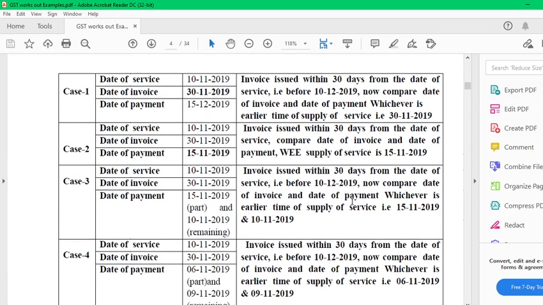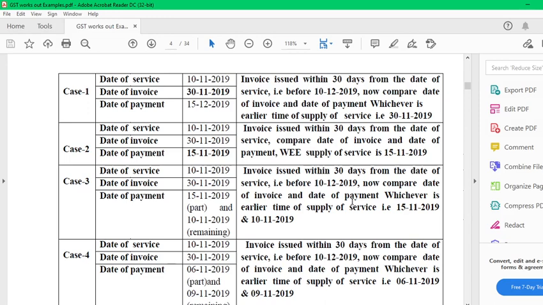Case 3. 10/11/2019 is the date of service. Date of invoice is 30/11/2019. Date of payment is 15/11/2019 as part payment, and 10/11/2019 is the remaining payment. Here, first you compare the date of service and the date of invoice. The invoice is issued within 30 days from the date of service.